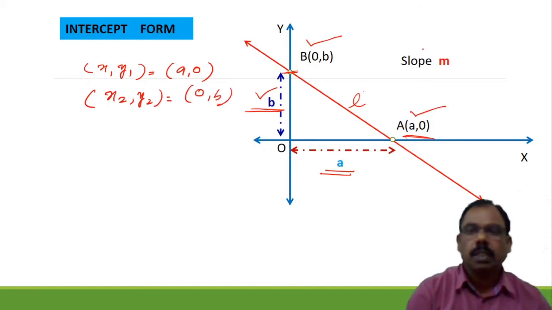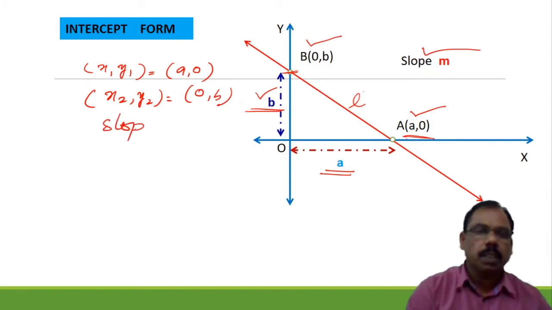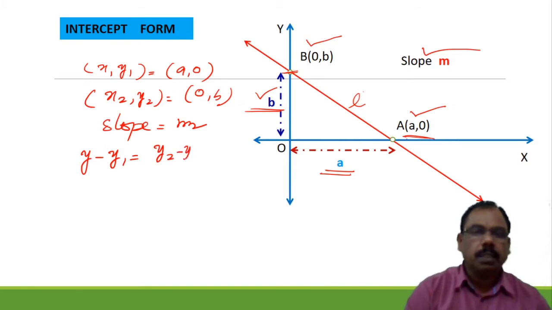We assume that the slope of the line is equal to m. We know that y minus y1 is equal to (y2 minus y1) divided by (x2 minus x1) into (x minus x1).